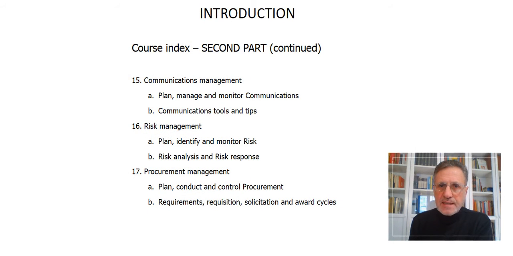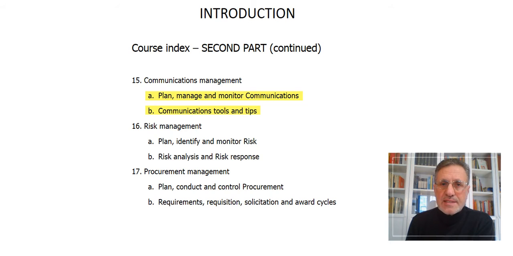Communications Management, Lesson 15, defines the processes needed to plan, collect, distribute, store, retrieve, control, monitor and dispose of all project information. We will see how to plan, manage and monitor communications and identify main communications tools and tips.